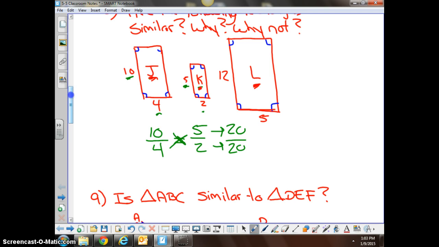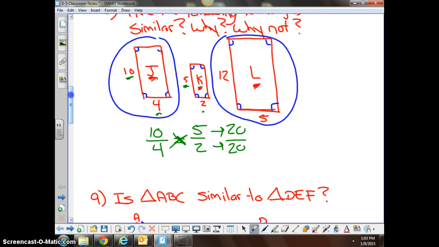So same thing, I'm going to use rectangle J and compare it to rectangle L by matching up corresponding sides. Rectangle J has a measurement of 10 for the long side and 4 for the short side, and we're going to see if it's proportionate to rectangle L, which has 12 for its long side and 5 for its short side. Cross products, 4 times 12 is 48.